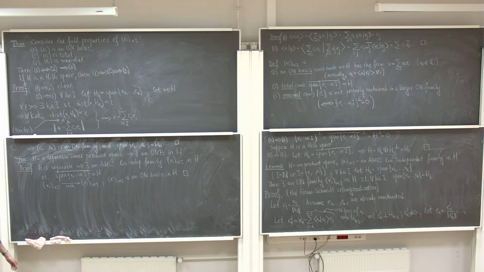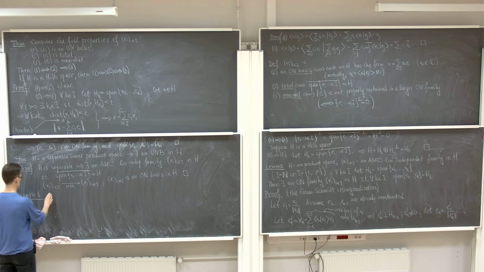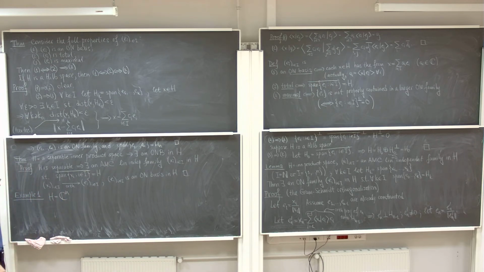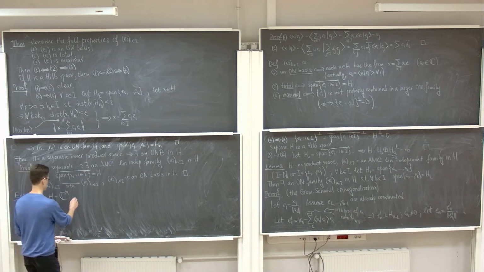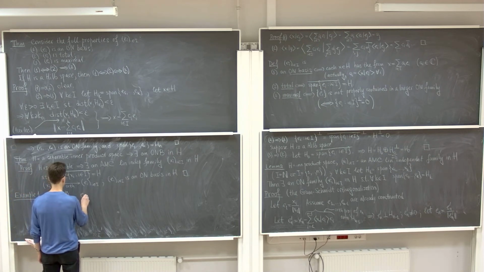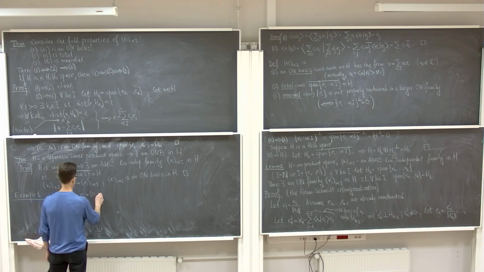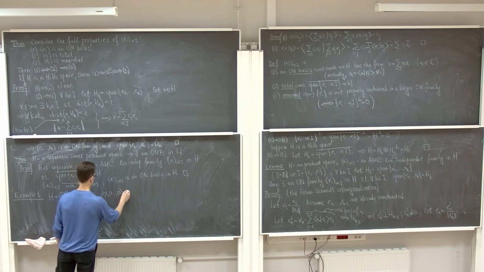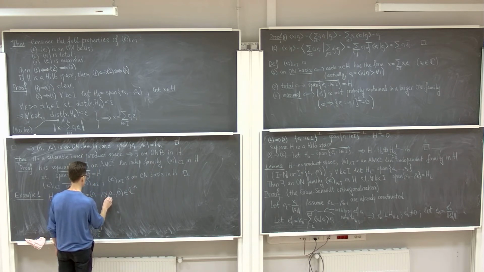Okay, let's now look at some concrete examples of orthonormal basis. Example 1. Suppose that H is just Cn with a standard inner product. And let Ei denote the following vector in H. So here 1 is in the ith position and 0 is elsewhere.